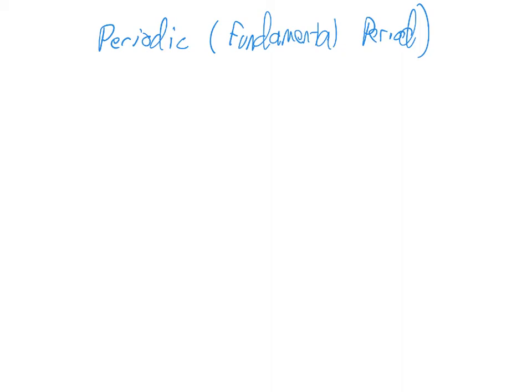So we say a function x of t is periodic if I can shift it by an integer multiple of a certain amount and get back to the same value. So if t0 is the smallest non-zero number that satisfies this relation, we call it the fundamental period.